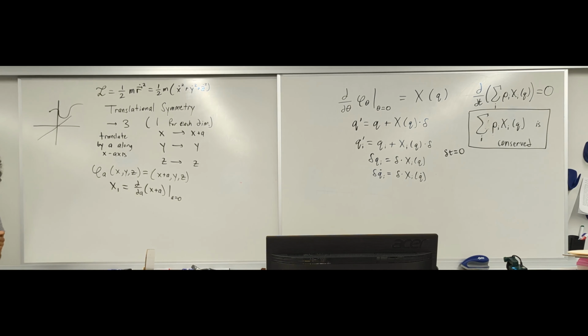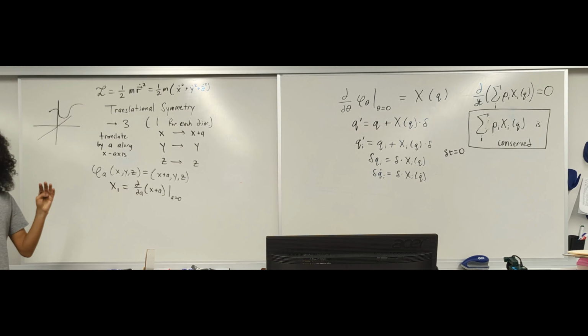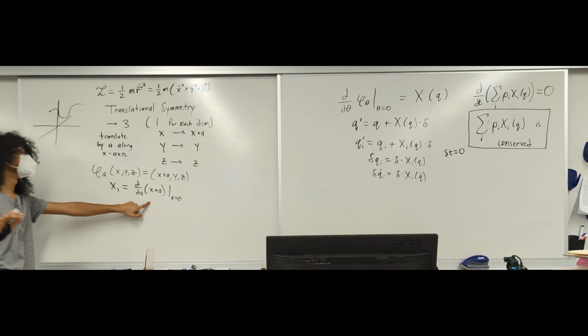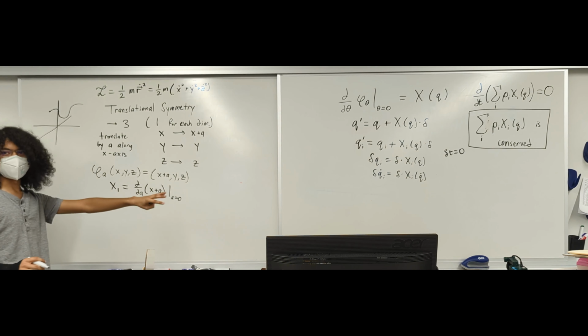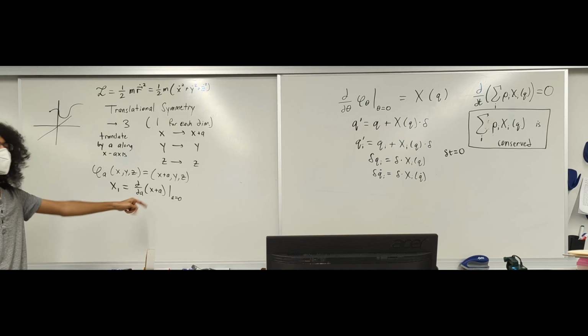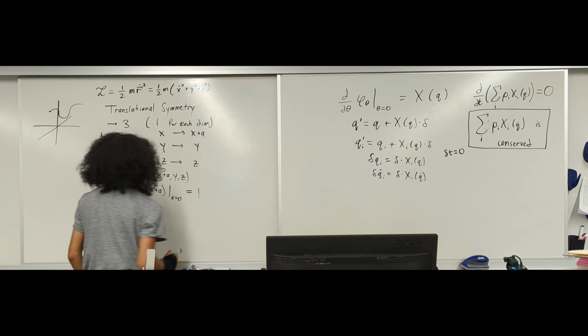This is going to be a bit tricky, but it's not tricky if you know how to do it. It would just be 1, right? Yeah, exactly. Good, you didn't mess this up. The derivative of x plus a with respect to a is just 1 no matter what. It doesn't matter what a is equal to. So good, this is 1.